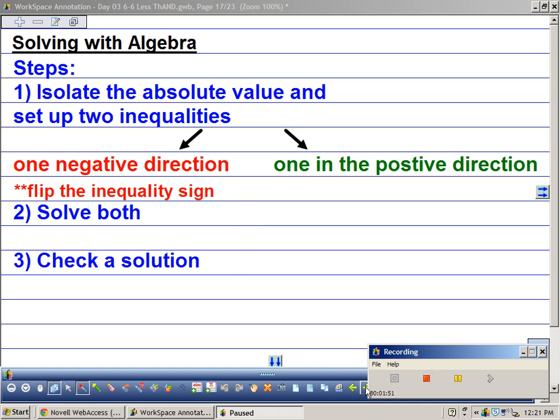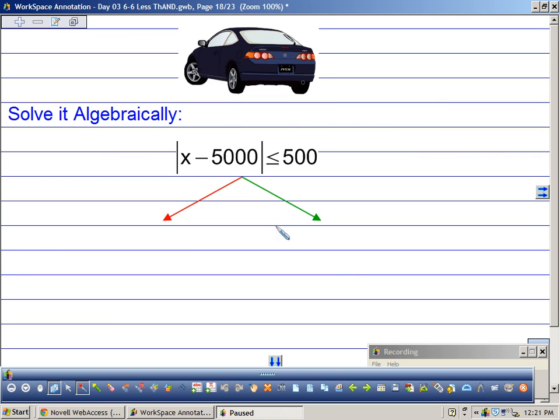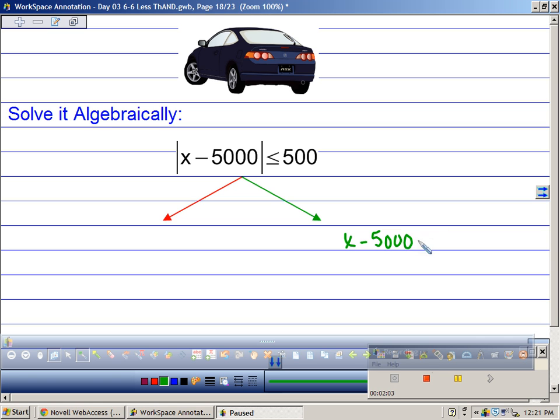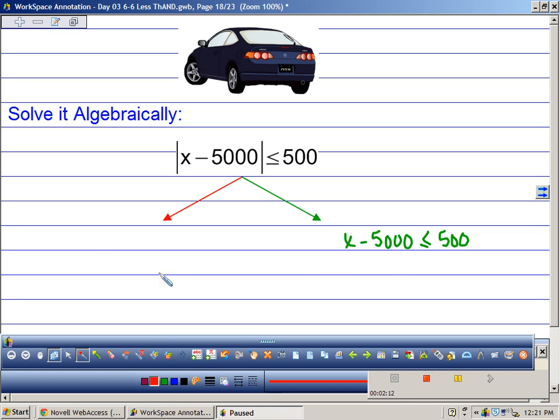All right, so let's try this out with that example that we were doing before. So I would start with X minus 5,000 is less than or equal to 500. So the difference between X and 5,000 is less than or equal to 500.